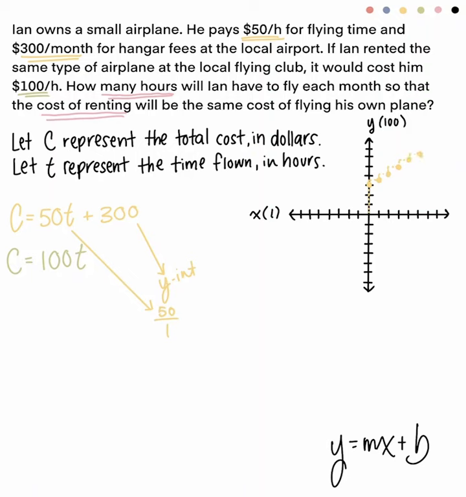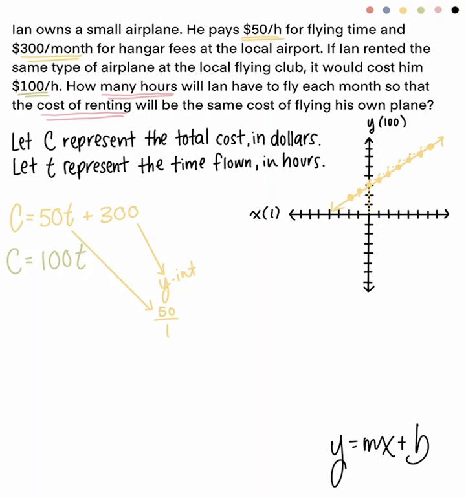Hopefully your graph is a smidge more accurate than mine. And then up 50 over 1. And if I want to continue it, you guys remember, I'm just going to do the opposite. There is our line for the first linear equation.